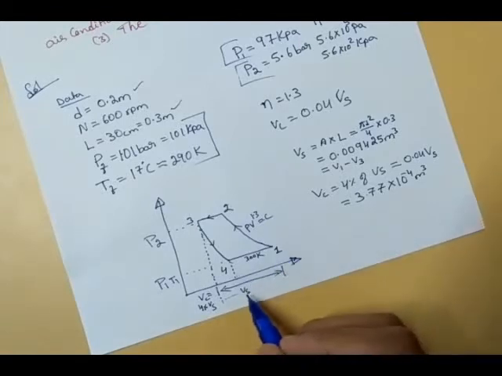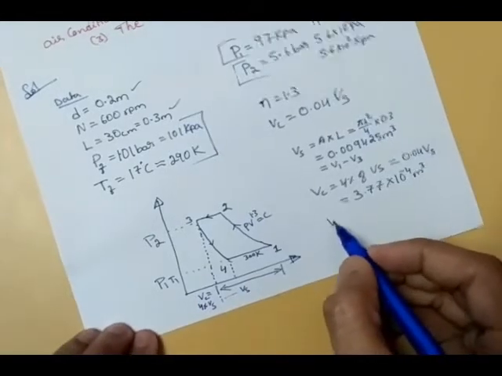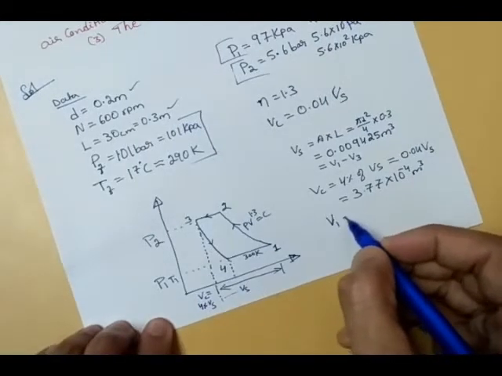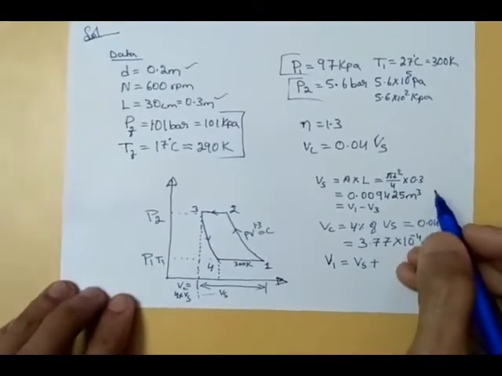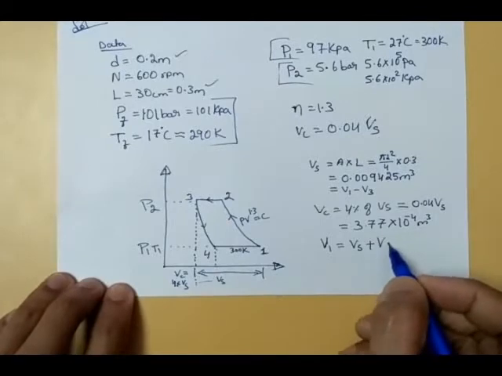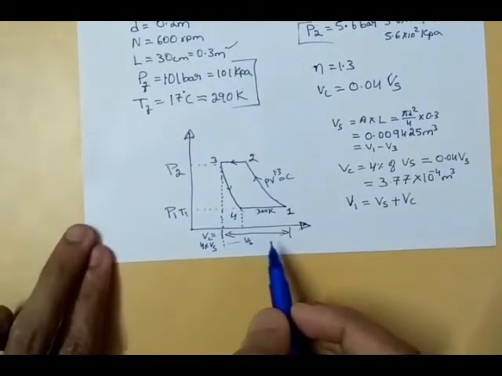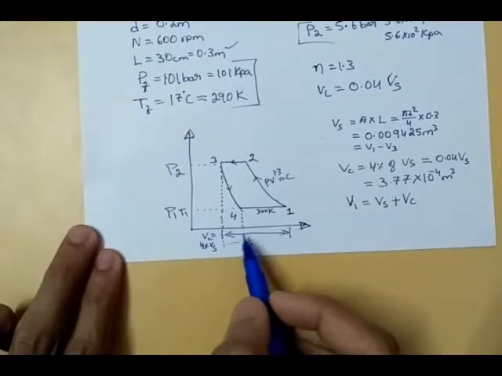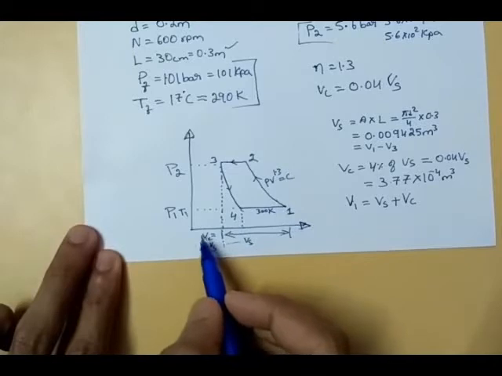V1 is Vs plus Vc. Right. V1 is equal to Vs plus Vc. You can just look here: this is Vs plus Vc.